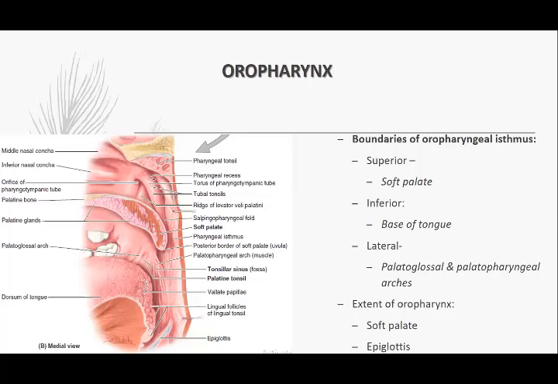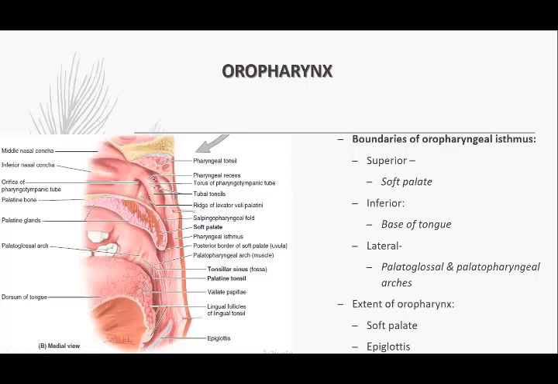Oropharynx is lying posterior to the oral cavity, इसलिए उसको oropharynx कहते हैं. So this part is the oropharynx. ये सारा part जो है, this is the oropharynx. It is that part of the pharynx which is inferior to the soft palate.